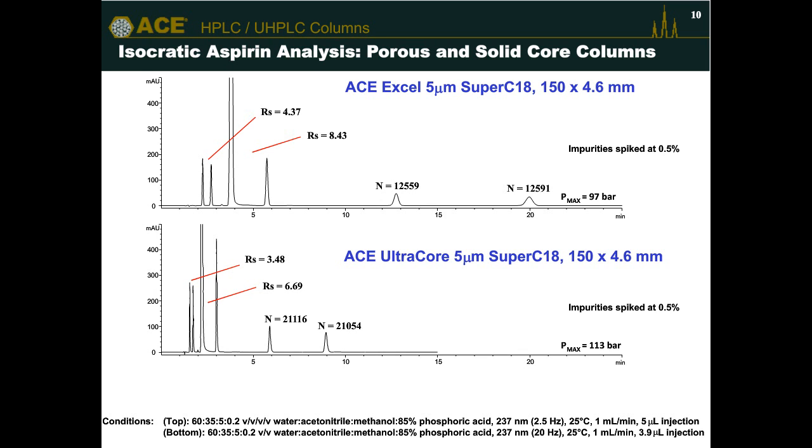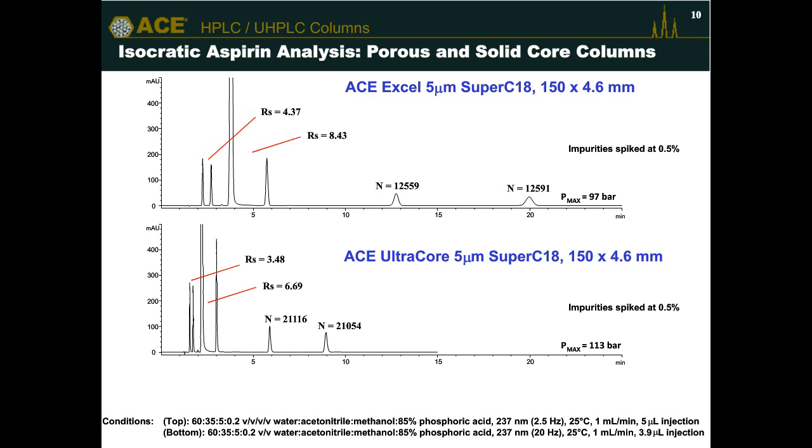And what you can see is a reduction in runtime. So my initial method at the top, the last peak comes out at 20 minutes. The new method on a solid core equivalent column comes out about 9 minutes. And the efficiency of those later eluting peaks, in this case it's an isocratic method, so you've got much higher efficiency, nearly double the efficiency of that final peak in the chromatogram.